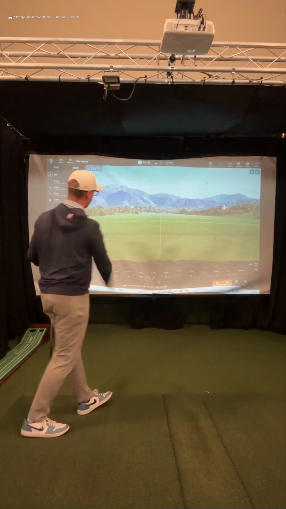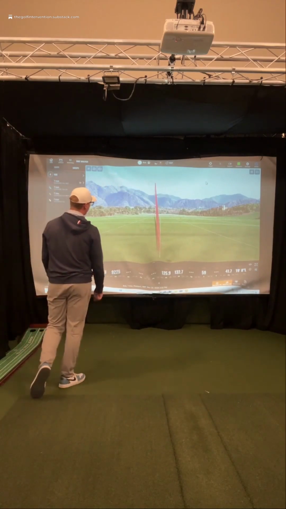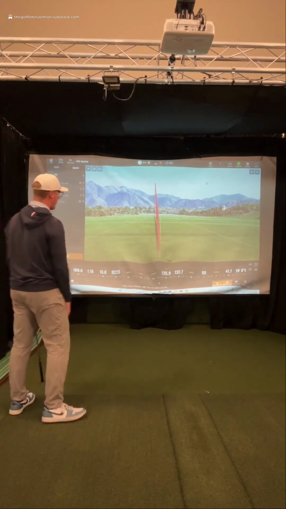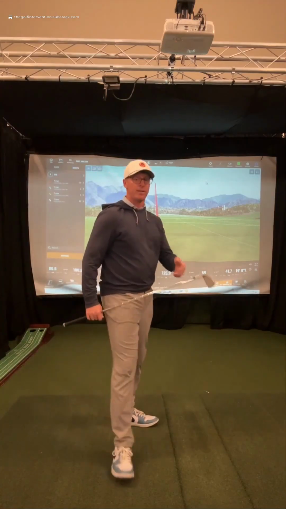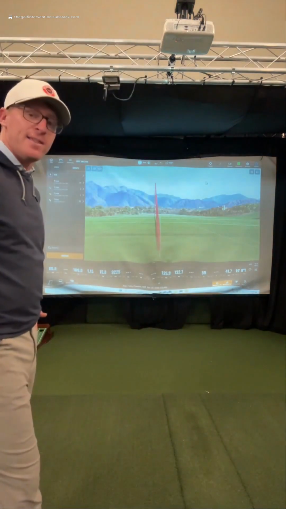Definitely going to fade it. Did not get the club cut, so did not read spin axis, so that's why it didn't curve. But I think it faded.